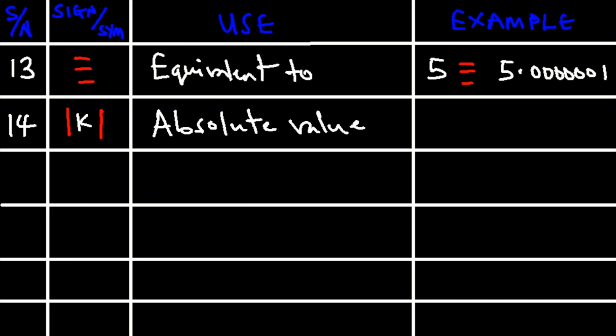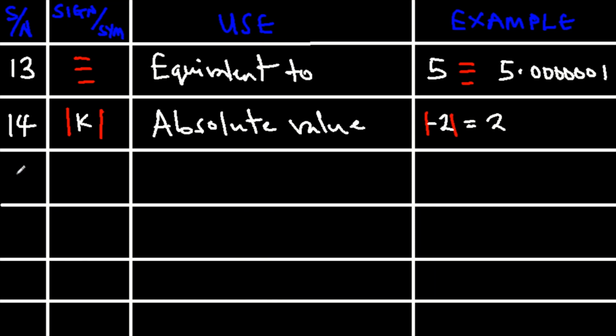For example, let's say we are to find the absolute value of -2. The absolute value of -2 is equal to 2. Because if we look at the number line, -2 is 2 units from the origin. So the absolute value of a number or an integer is basically the number itself, the positive of the number. So whenever we are given a negative number to find the absolute value is the number without the negative sign.